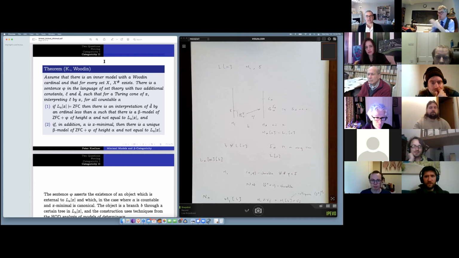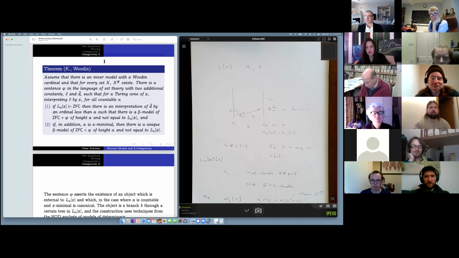So thank you very much. Farmer, go ahead. Yeah, so I'm just wondering whether you've ruled out any other natural candidates for producing a beta categorical theory, as in, you mentioned that the model can't think it has zero sharp.